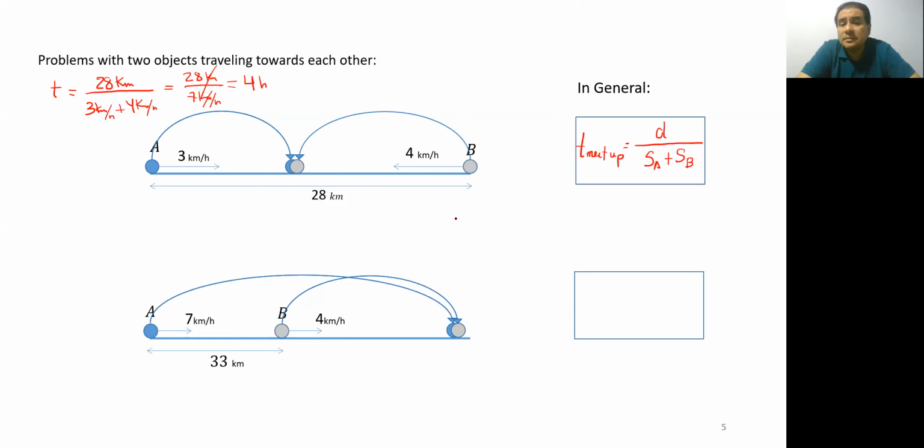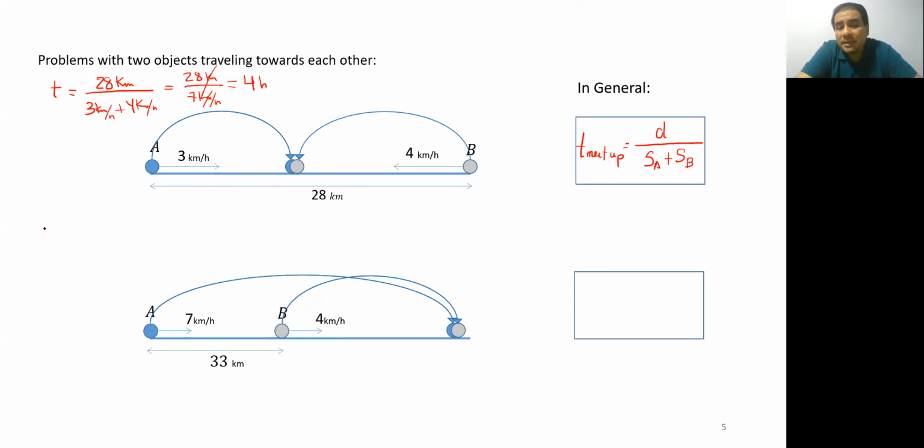On the other hand, if we have two objects traveling in the same direction, one after the other, and the one going after the first is actually faster than the first. So it's like a pursuit, okay? Let's see here two objects at these speeds, and the original distance separating them at the beginning of the motion is 33 kilometers.